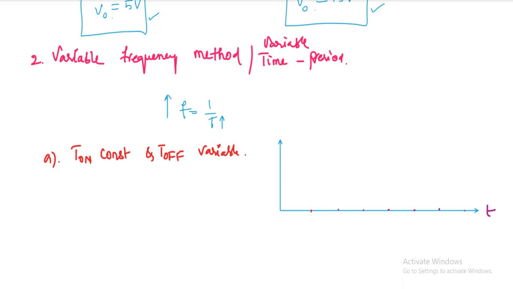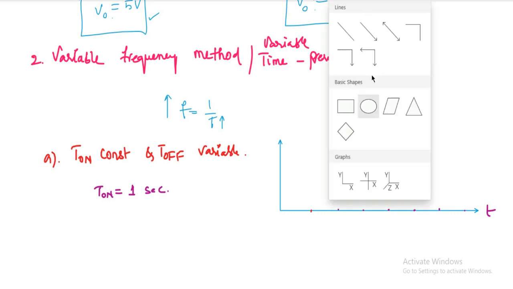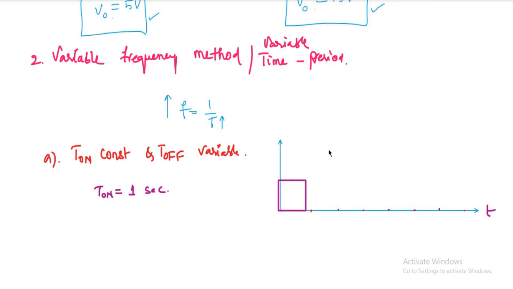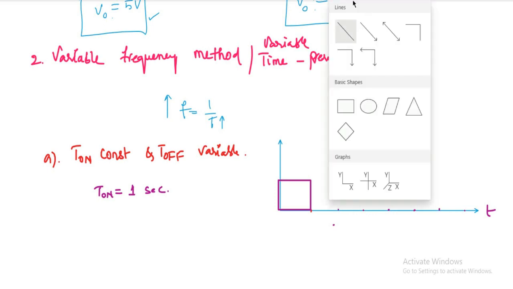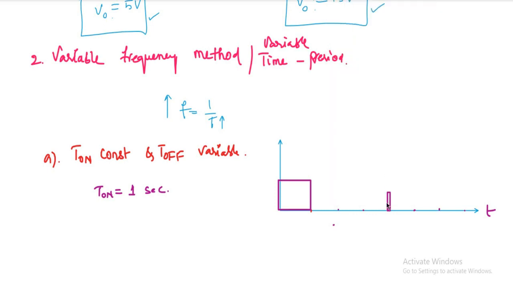Let us take T on equal to 1 second, constant. So this is T on, and I am going to keep 3 slots open for T off. Again I am going to keep the turn on period. If you observe here, this is turn on period T on, whereas this is turn off period.